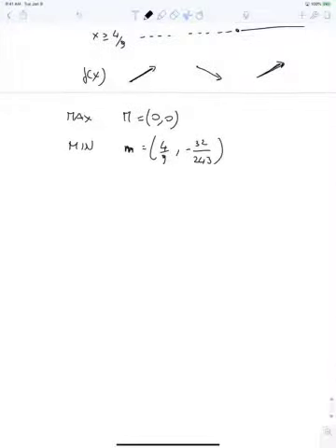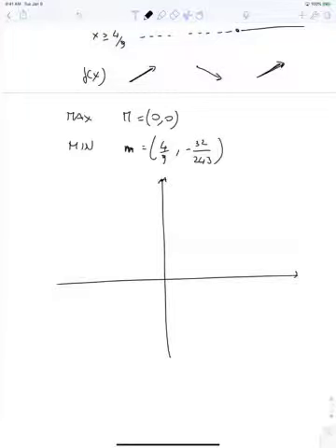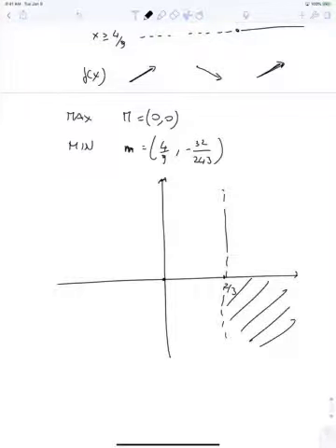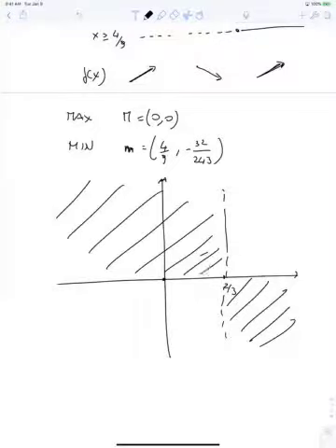what I'm saying is that I'm going to redraw the plot here. So first of all, we studied that the domain is the entire set of real numbers. We found the intersection in 0 and 2 divided by 3. We said that if x is greater than 2 divided by 3, the function is positive, and if x is less than 2 divided by 3, the function is negative, except for in 0 where we have the intersection.